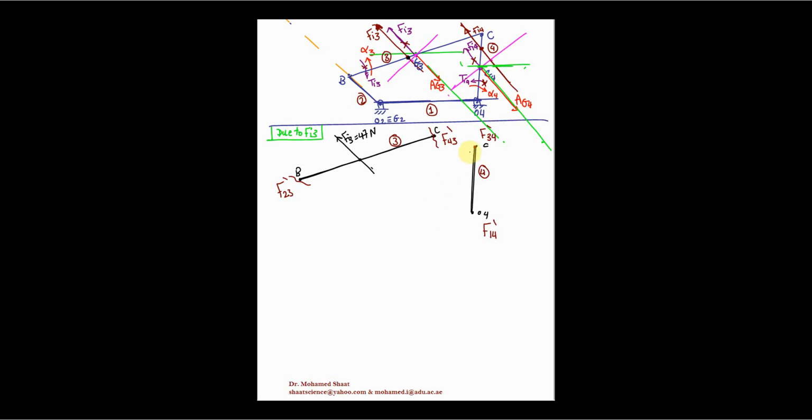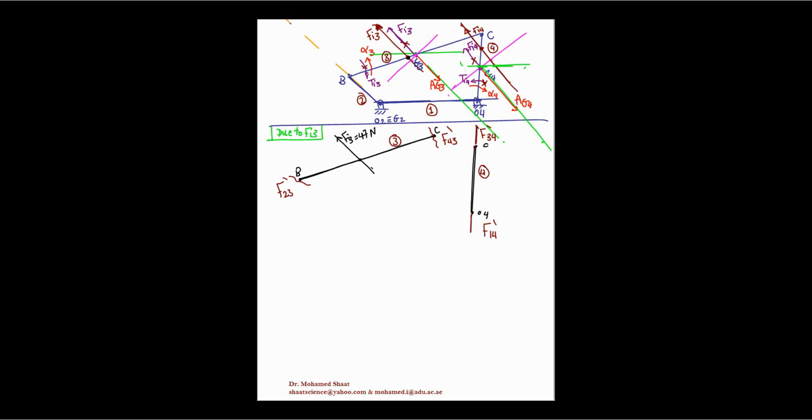If we connect this point to this point, we end up with the same line of the link. As long as this link is a two-force member, the correct direction of F14 and F34 should be parallel to the line. So this is going to give us the direction of this force and the direction of this force.